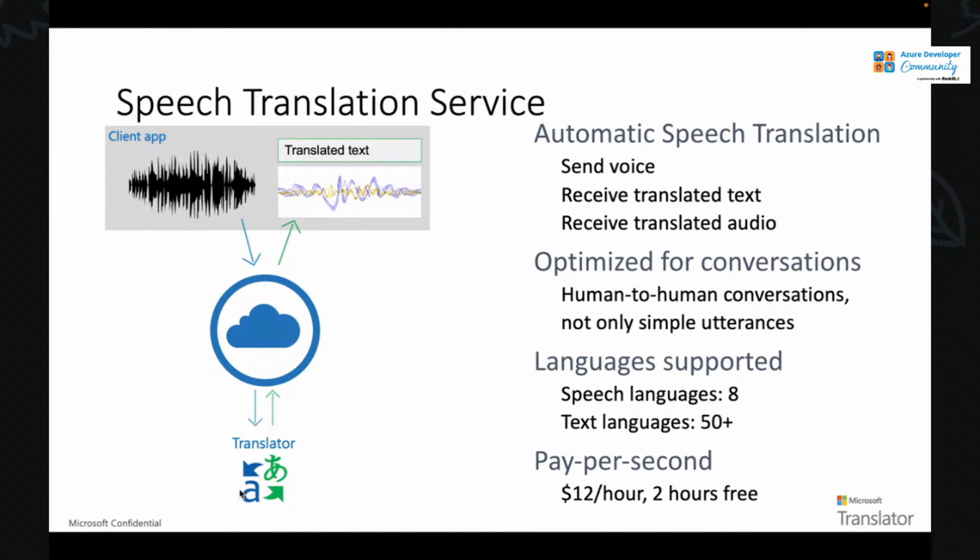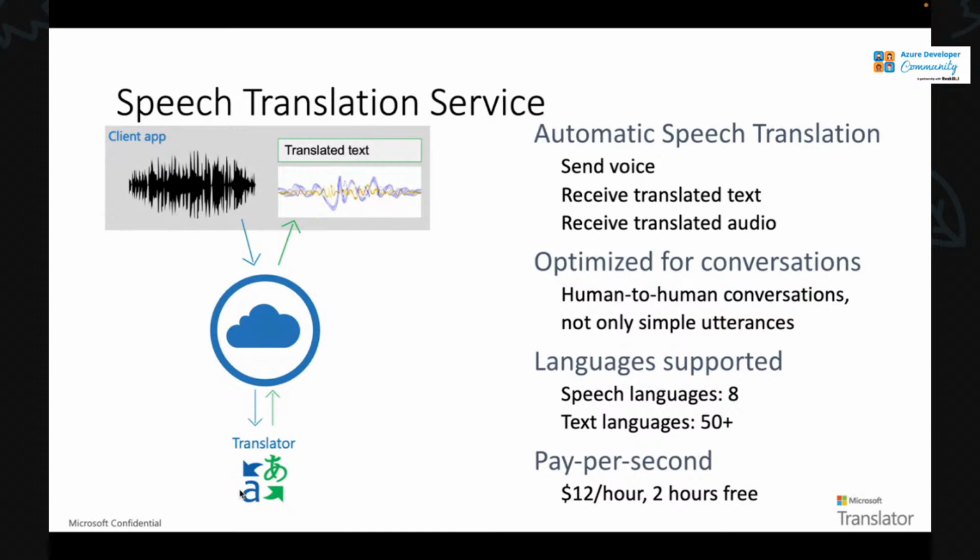So how does it work in a translation API where the client does some speech? It goes into your Azure Cognitive Services, it gets translated, and the translated text comes back, and you do some service. Automatic speech translation is where the speech gets translated into text, and you translate as well.